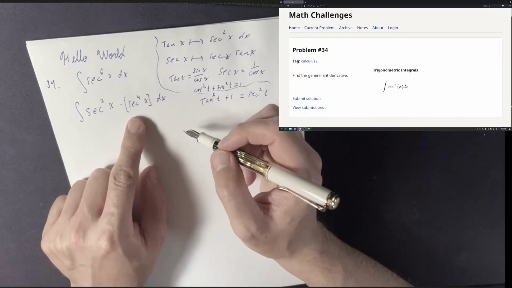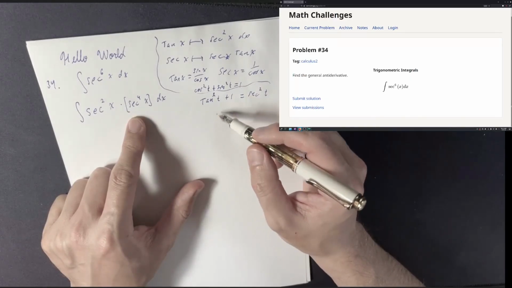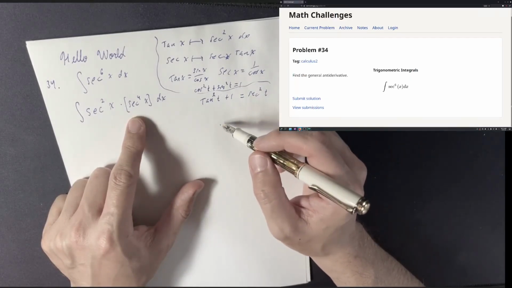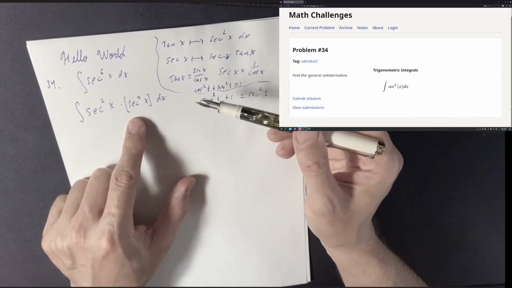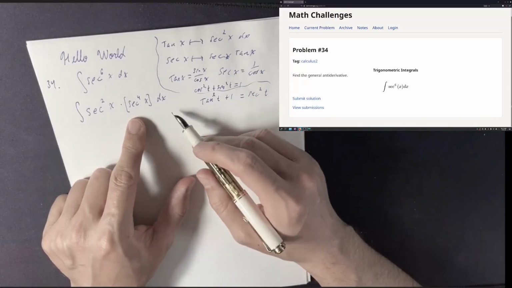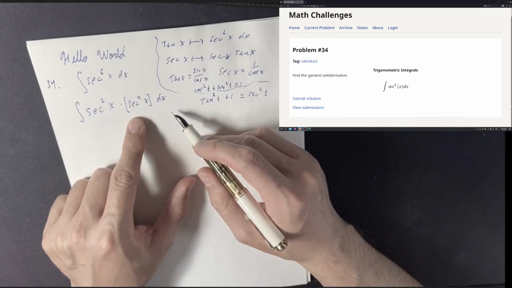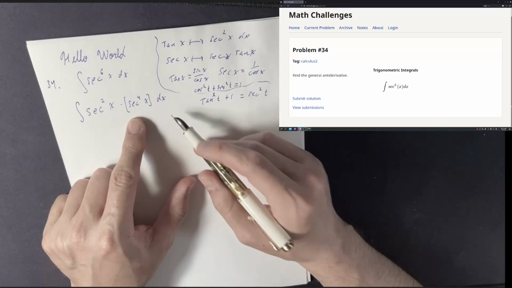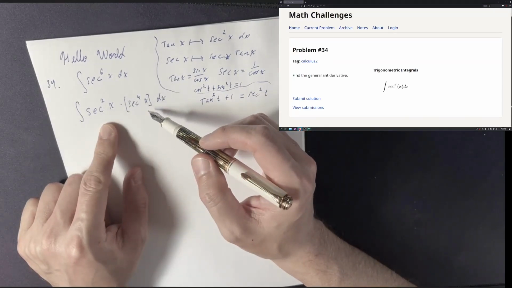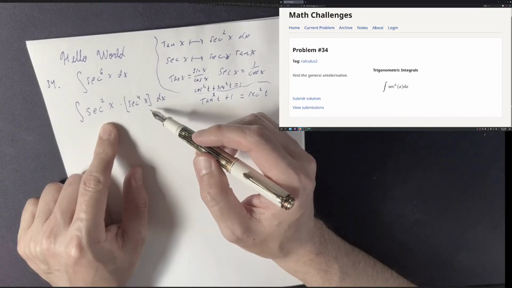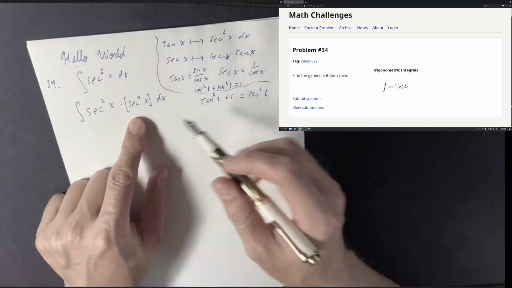So my instinct is, because I can see the sine over cos, I don't think that's going to work because there's a bunch of factors of sine upstairs. So I can't just do a u substitution. My instinct is to do something like this, and then use an identity to split it up.